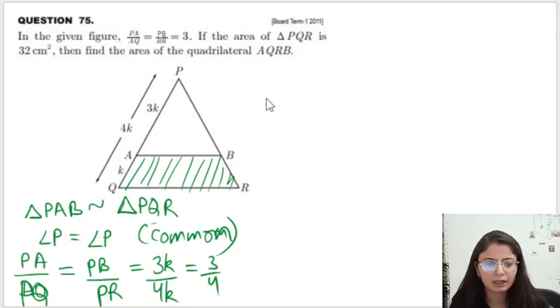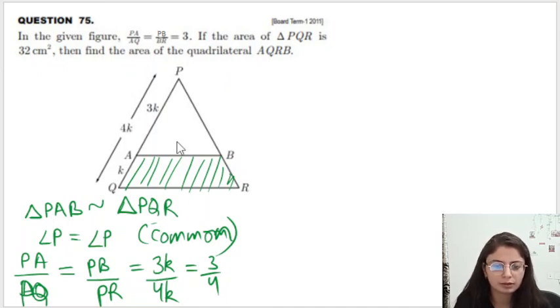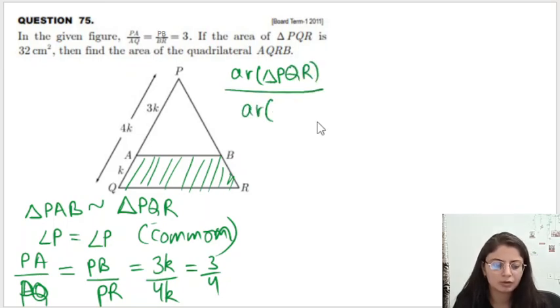Fine. Now we can use the ratio of areas of these two triangles because we have proved that these two triangles are similar. So यहाँ पे हम लिखेंगे area of triangle PQR by area of triangle PAB.